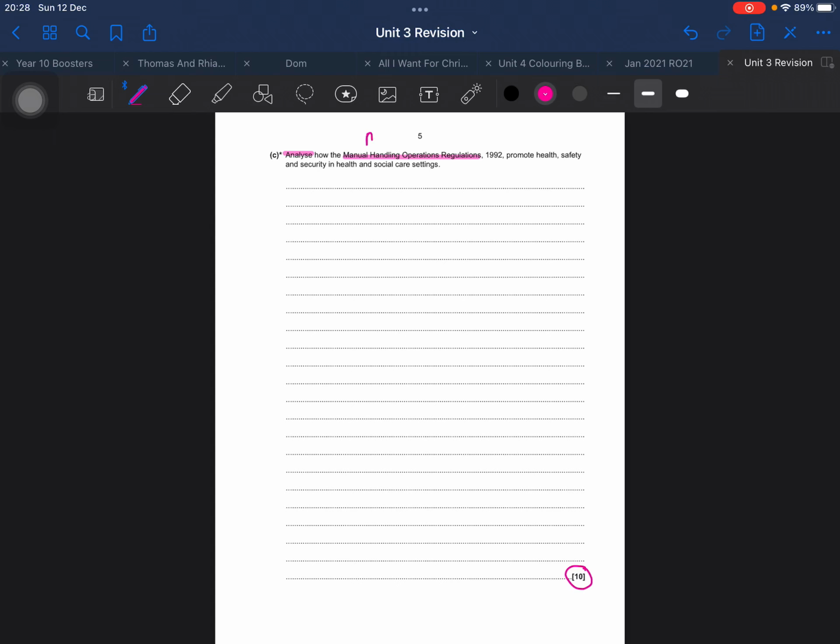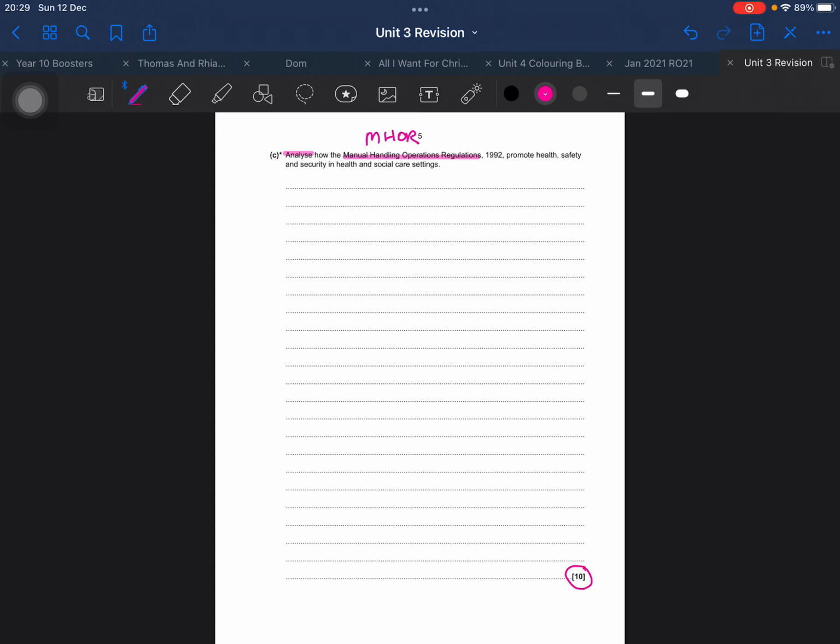You may have this recorded in your notes as the MHOR, okay, regulations, and what its job is. So the level of detail is what's going to give us the points for this one. With it being an analyse, we're looking at positives and negatives.